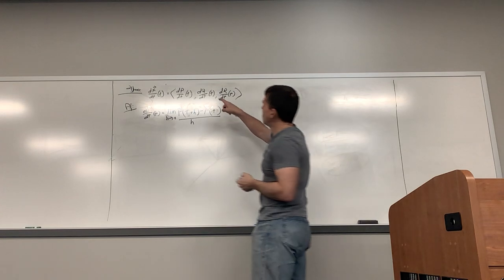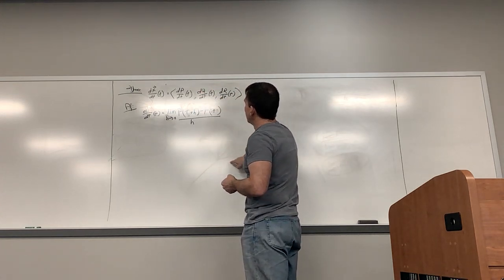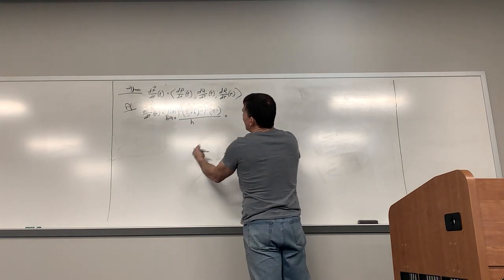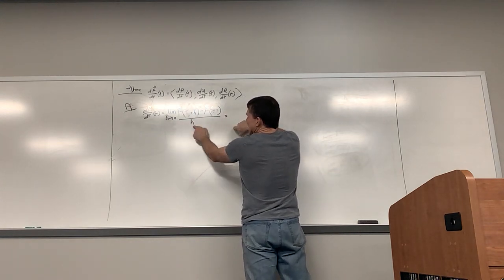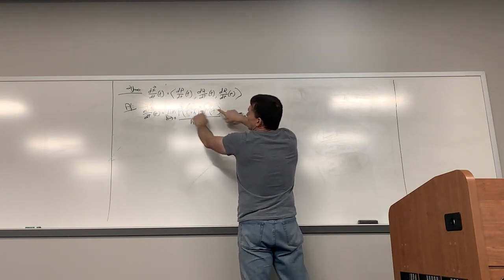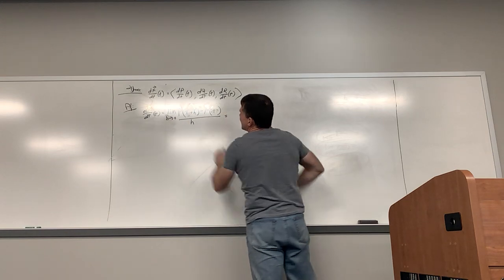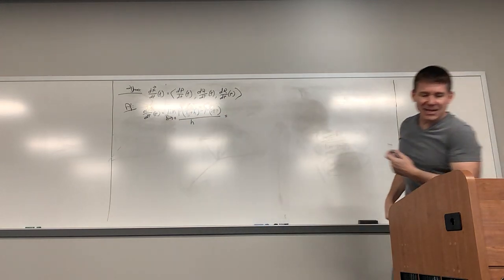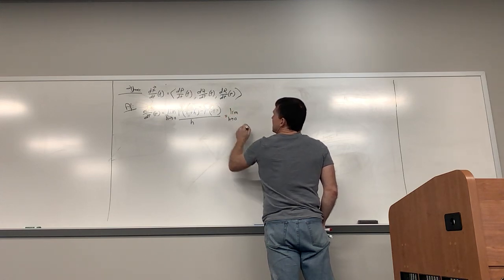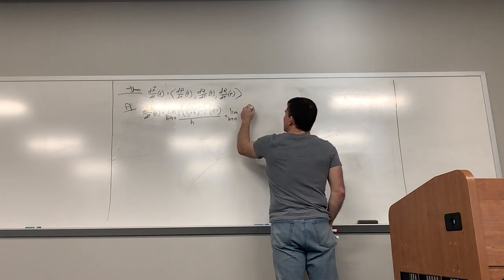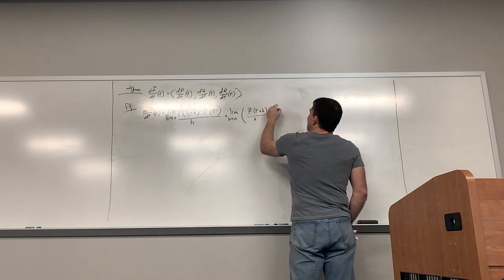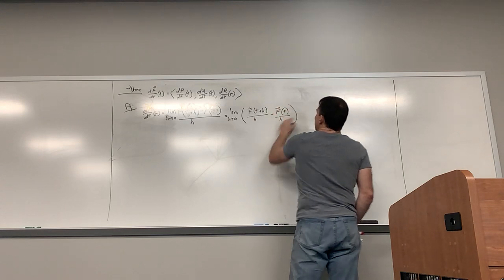And now, how do I get to that? Well, first off, I know I'm taking the limit of all of that, but this is just, again, scalar multiplication by those two vectors. That's subtraction of two vectors. So I can separate that and separate the h. And I get the limit as h approaches 0 of, well, maybe put this in parentheses, f of t plus h over h minus f of t over h.